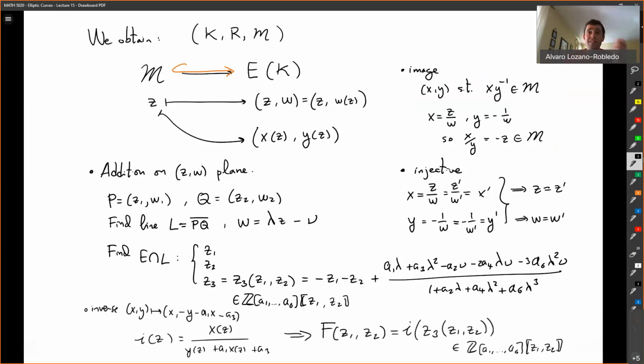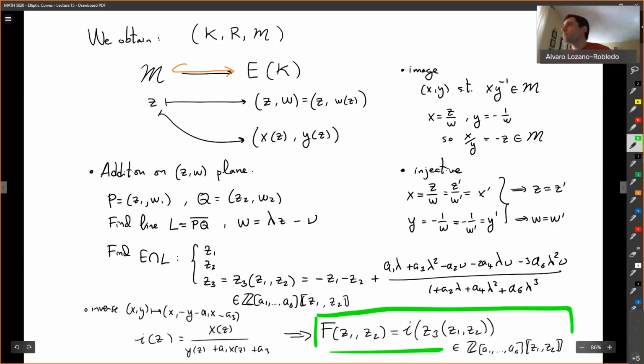Remember that for every z value, I can compute the w value with my w power series, so I don't really need the w. I need to know, for z1 and z2, send them over, add them, bring them back, this new z value of the sum of the two points. That's the one I was after, and that is what we've constructed here.